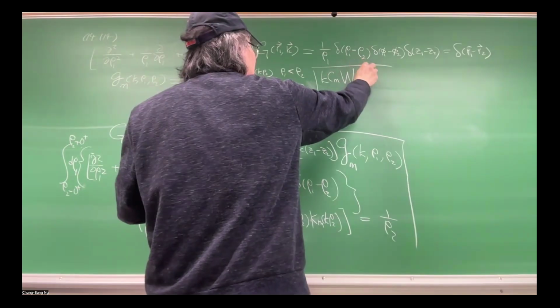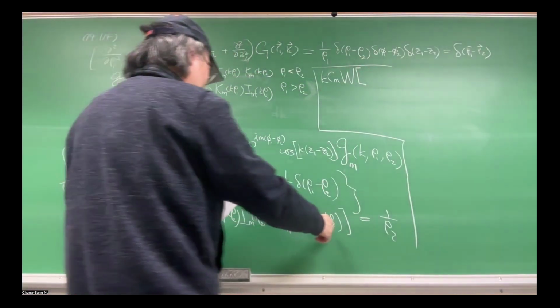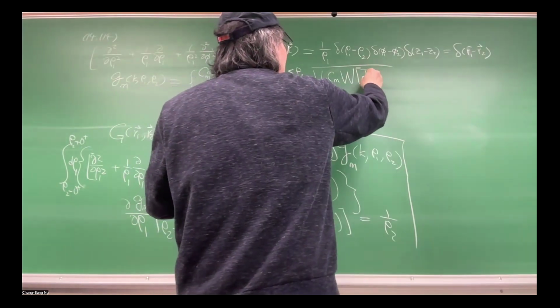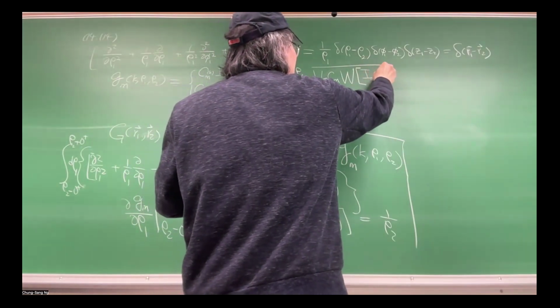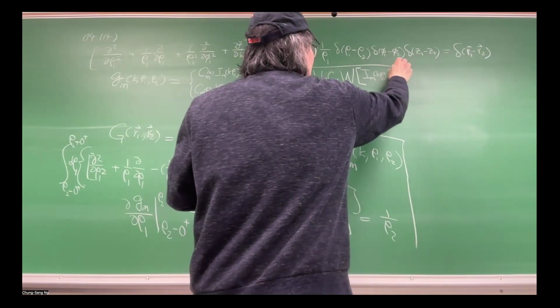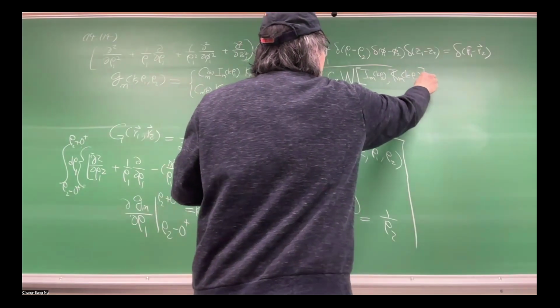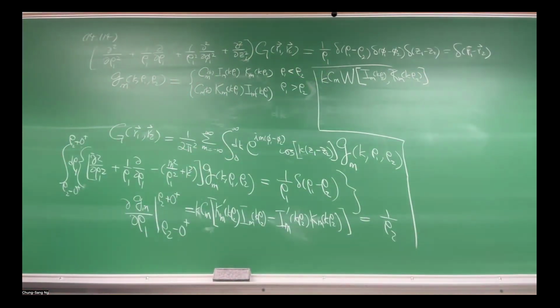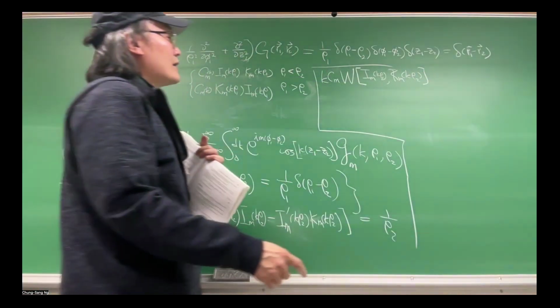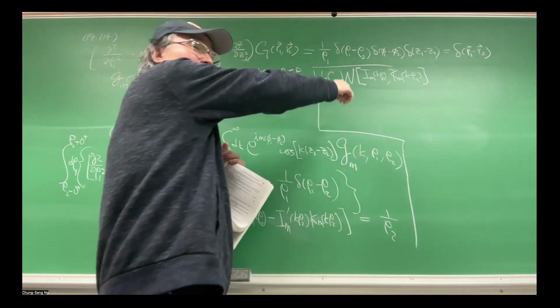It's the Wronskian between I sub m and k sub m, evaluated at rho sub 2. And we already discussed the Wronskian of Bessel functions.